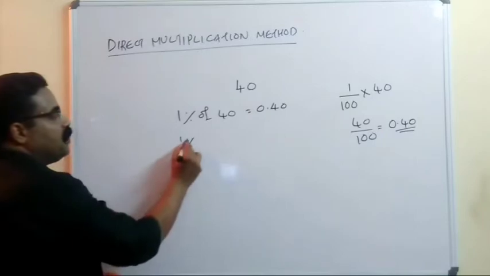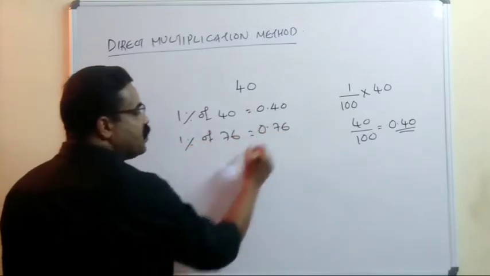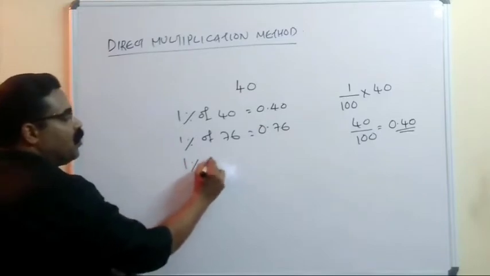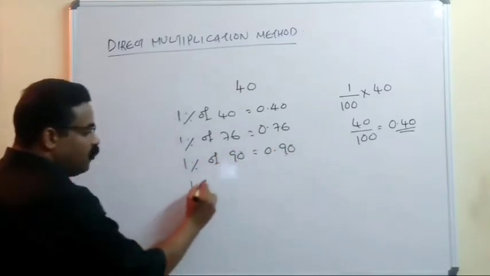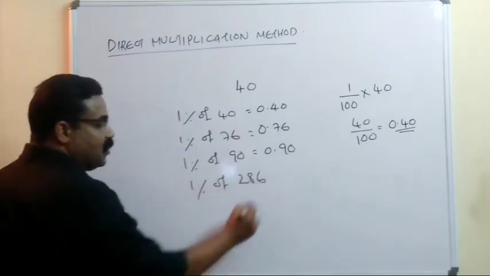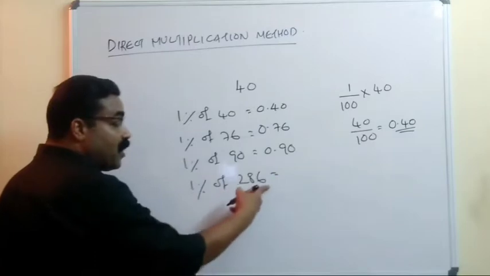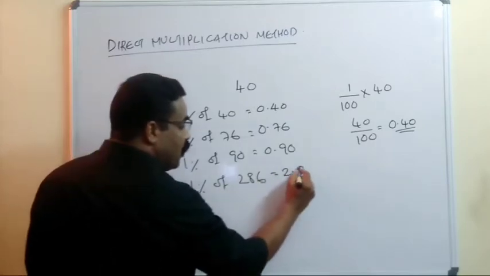I want 1% of 76. It will be equal to 0.76. I want 1% of 90. It will be equal to 0.90. I want 1% of 286. When you divide this number by 100, after 2 digits from the right you have to put the point, so 2.86.